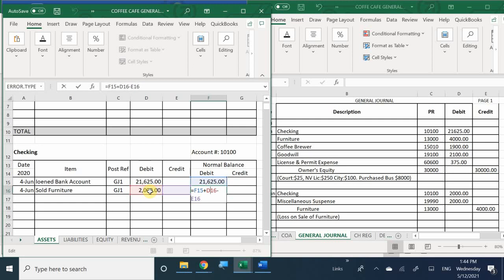So once again, we're going to cell reference the number before it, which is your beginning balance or the previous balance number, okay? Or your current balance, whatever you want to call it. You're going to add your debits, and you're going to subtract your credits, okay?